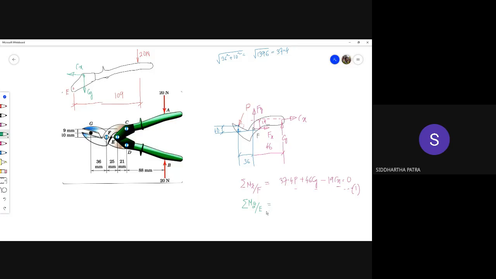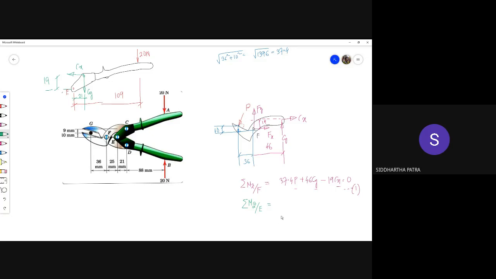Okay. And this time, it would tell me that because C and D are about 21 millimeters from E, and E and A both are on the same height, so this height is again 19.